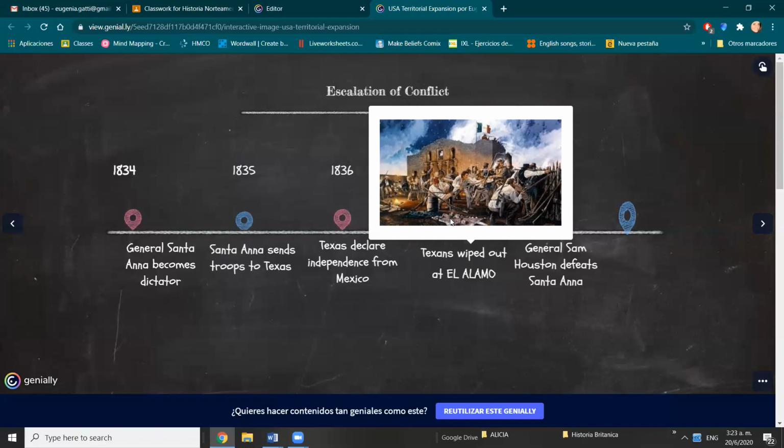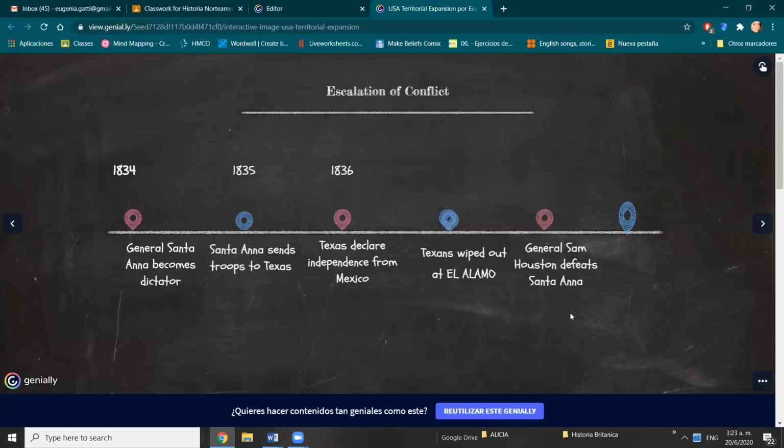And El Alamo will become a rallying cry for the Texas rebels. And they will say, remember the Alamo during the war to give themselves more courage, remembering the men who died at El Alamo in the hands of the Mexican army.